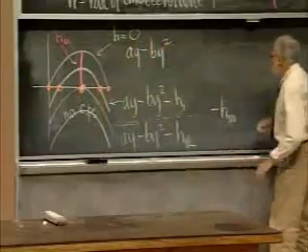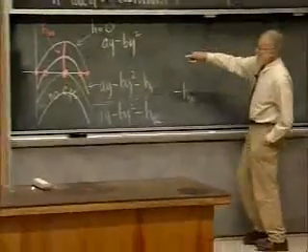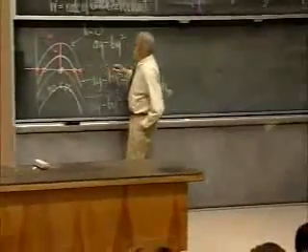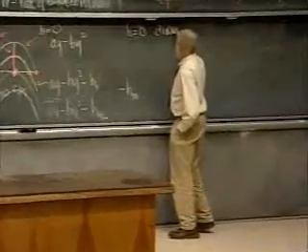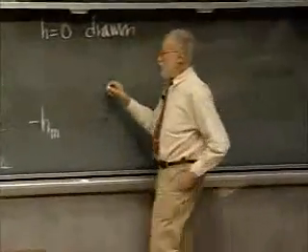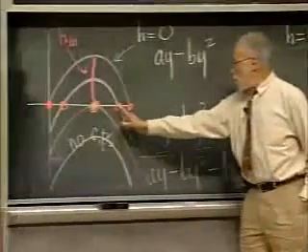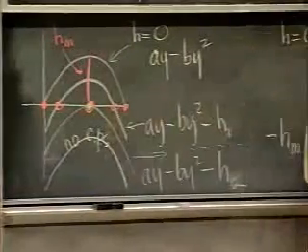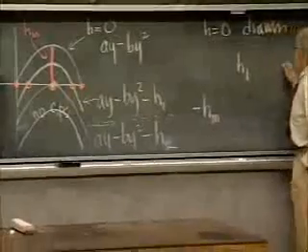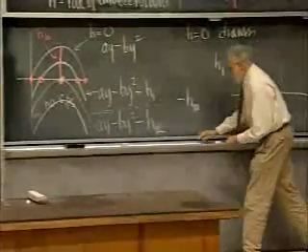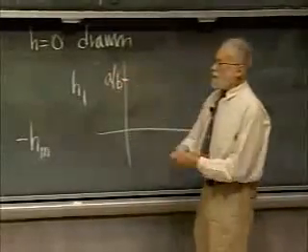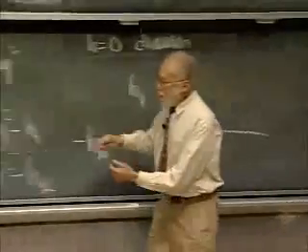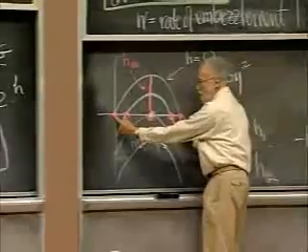What are the corresponding pictures? We've already drawn the picture for h equals 0. The pictures that I'm talking about are how the solutions look. How would the solution look for h1? Here is a over b, but the critical points aren't at 0 and a over b anymore.